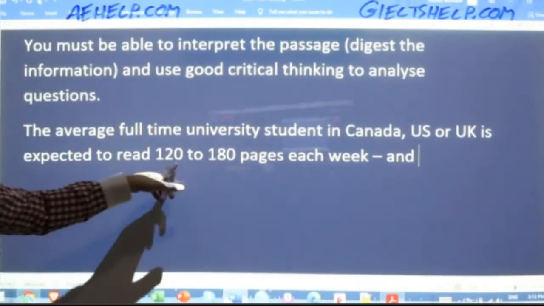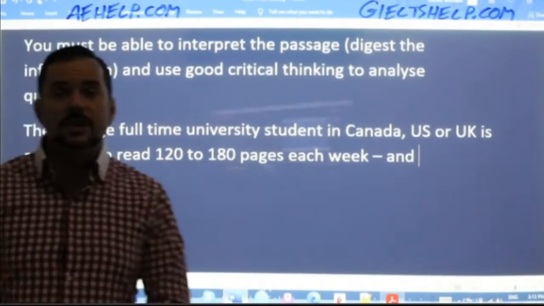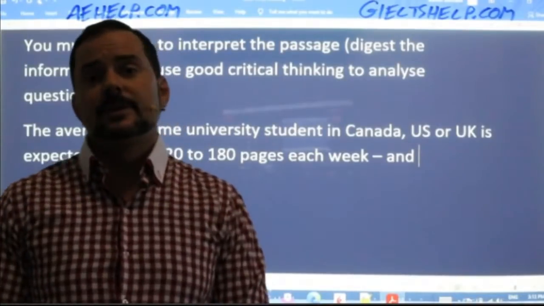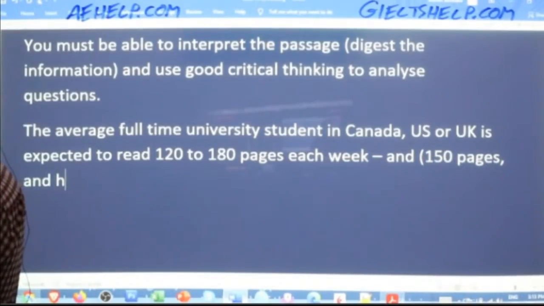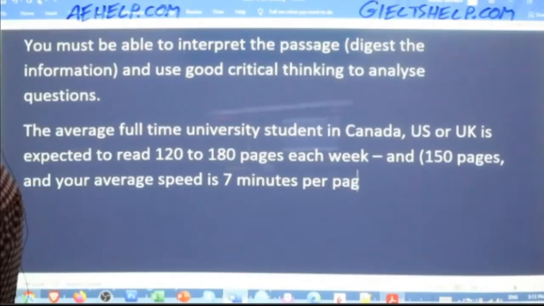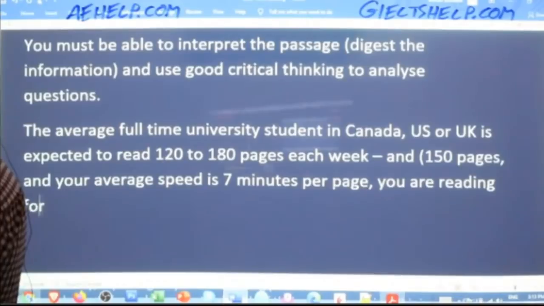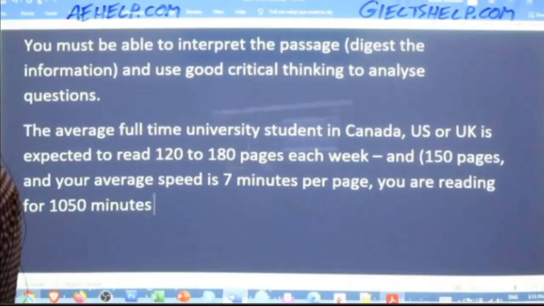Again, you're expected to read 120 to 150 pages each week. Just do the math. If you're reading, let's say, 150 pages, and your average speed is 7 minutes per page, you are reading for 1,050 minutes.